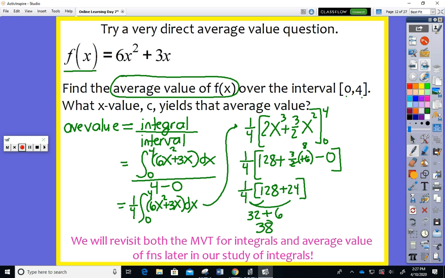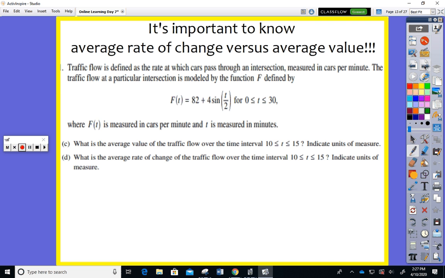So see, it's a pretty straightforward application. So it's important that we know the difference between average rate of change and average value. I'm going to show you something and then erase it. Okay? If you are given velocity, for instance, and you were asked for the average acceleration, okay?